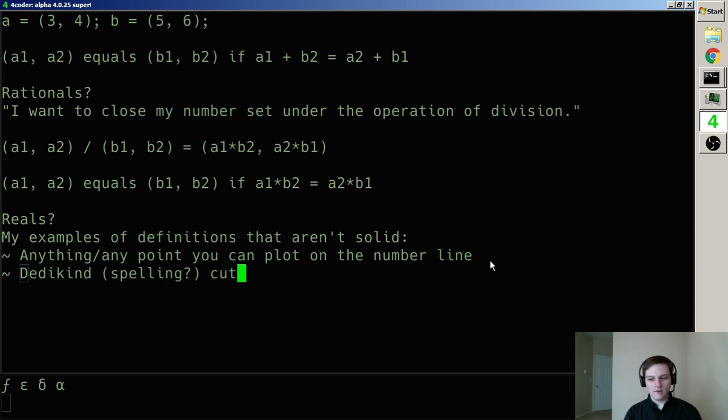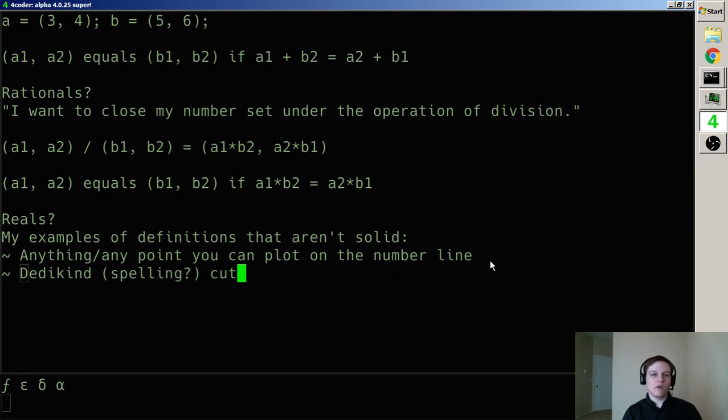The idea here is that it's not just a point on the number line, but an infinitely small point, the gap there: the set you get when you take all the rational numbers less than this point and all the gaps in between them. You can tell if two things are equal if the sets underneath them are equal.